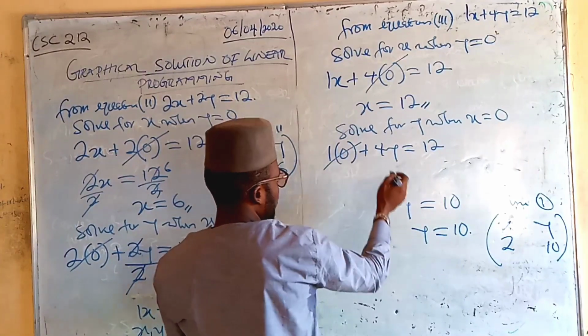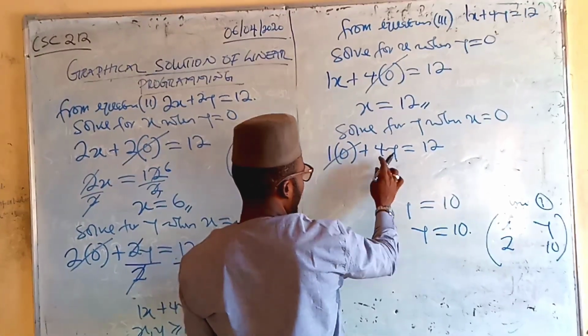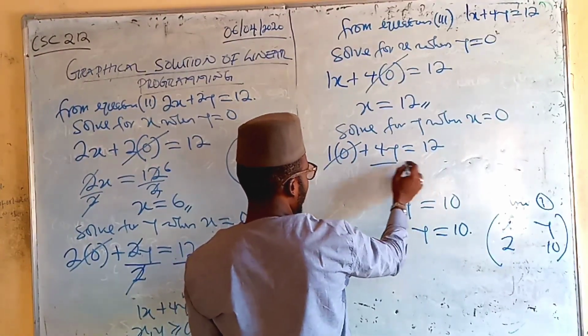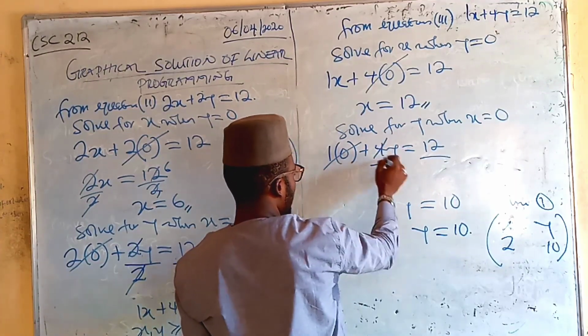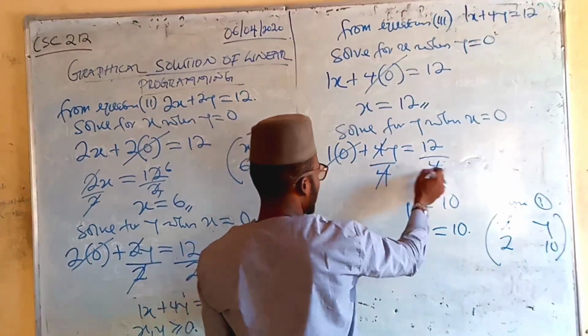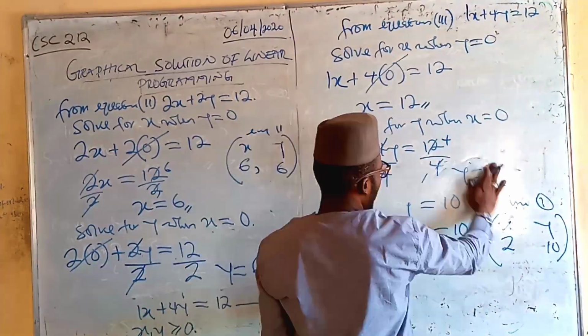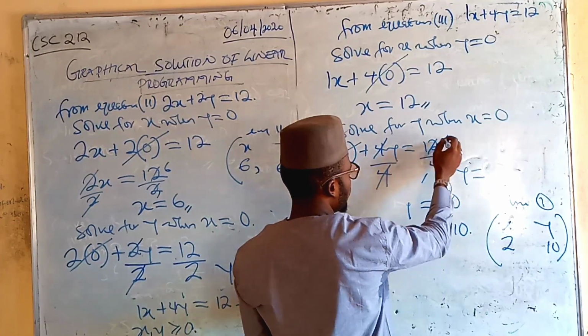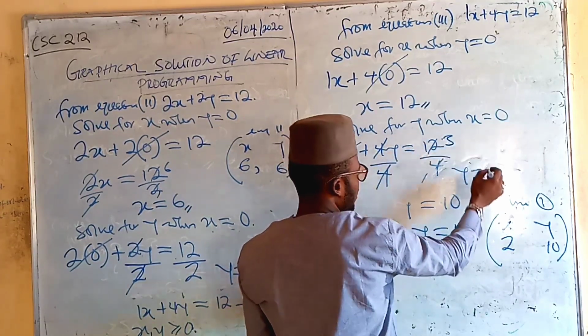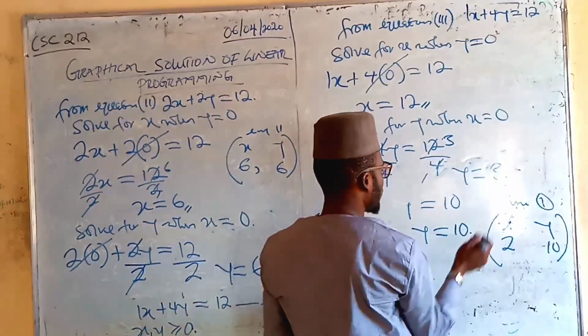Here it's already 1. Then we have 4y is equal to 12. Divide both sides by the coefficient of y to get the value of y. So 4 goes into 4 once, and 4 into 12 is 3. So y is equal to 3.